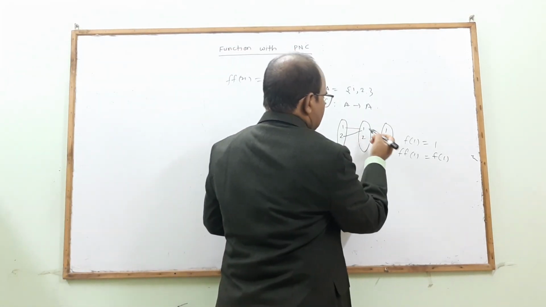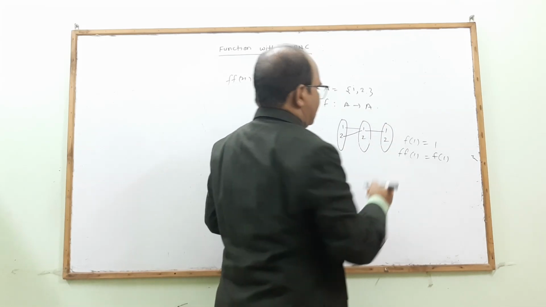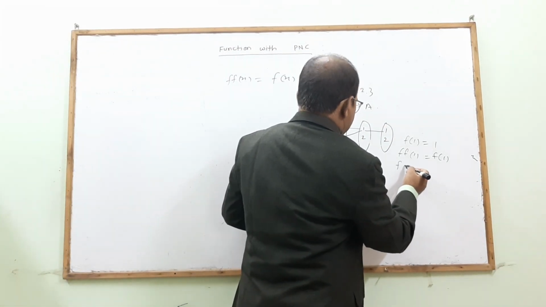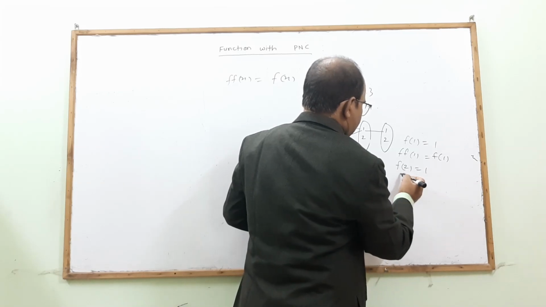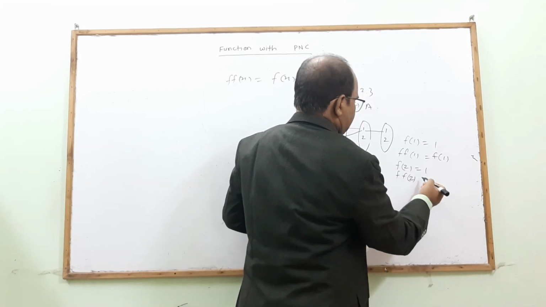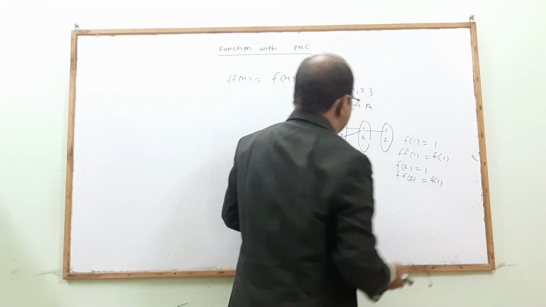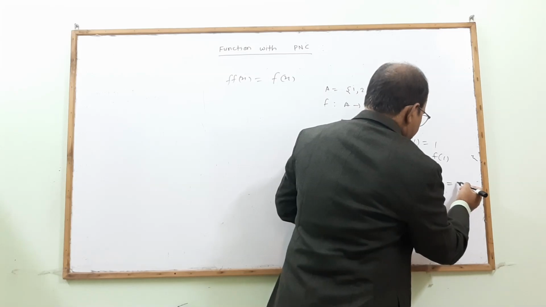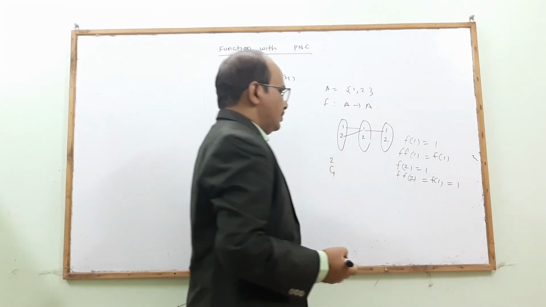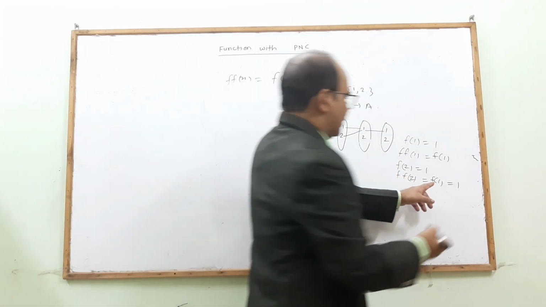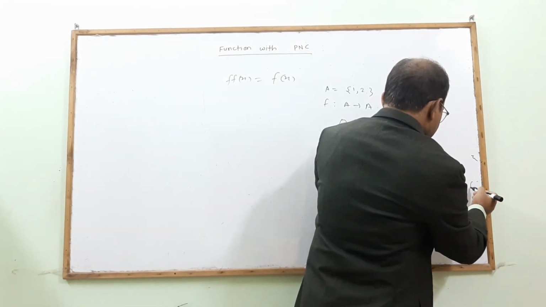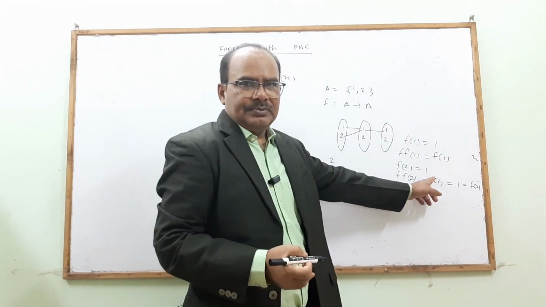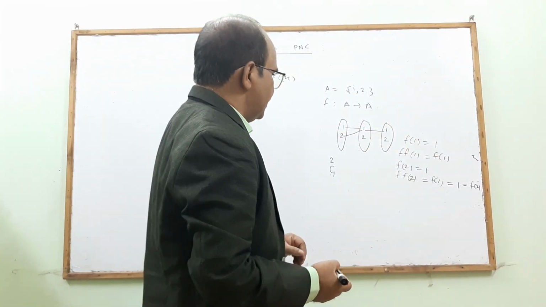There is no other choice for 2, and here f(2) is equal to 1, and f of f(2) is equal to f(1), and f(1) is equal to 1. f of 1 is equal to 1, and it can also be taken as f(2).